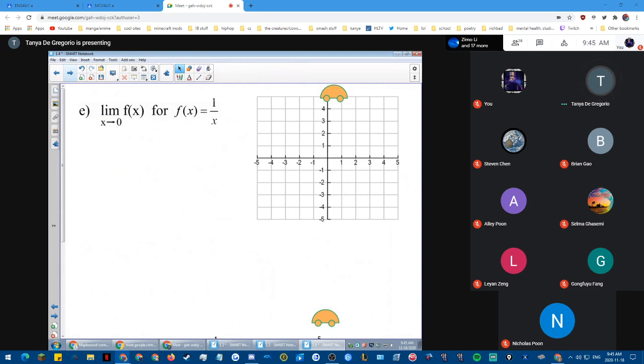So limit of f of x as x approaches 0. The function is 1 over x. So can I just go ahead and take this limit? What would happen if I just try to take the limit here? Yeah, it's undefined. So what does that mean?